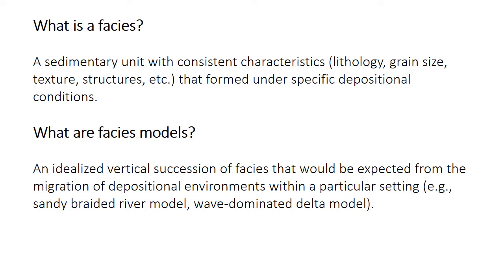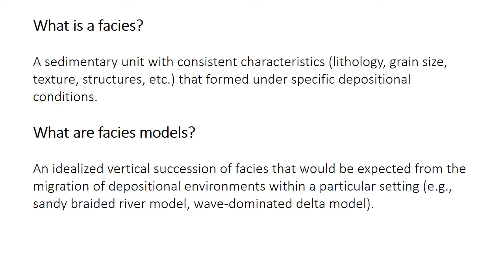The unit has those particular characteristics because it formed in a certain depositional environment. Facies are typically named and described based on the observed features rather than on the inferred depositional environment. So you might have a facies called the pebbly trough cross-stratified sandstone facies, or a rippled siltstone facies, and so forth. You'll see some examples of these in class.